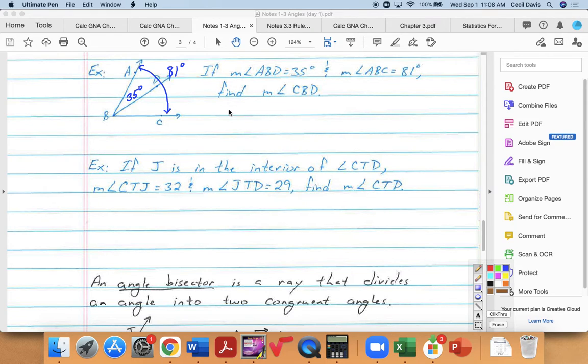So the angle addition postulate says the measure of the two small angles, ABD and angle DBC, added together gives you the measure of angle ABC.